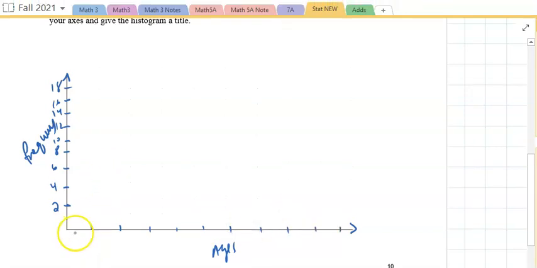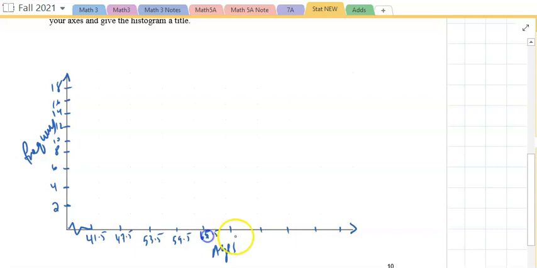So we're going to ignore the first interval, and we're going to start with 41.5. Then we're going to run to 47.5, 53.5, 59.5, 65.5.